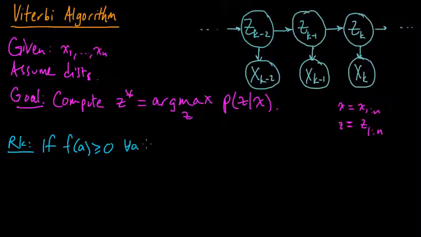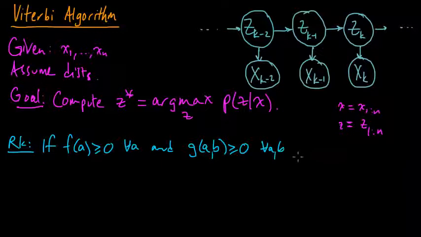So if f is some non-negative function, f of a, taking argument a, and we have another non-negative function with arguments a and b, we'll call it g. So g is non-negative on all its arguments. Then we have the following.